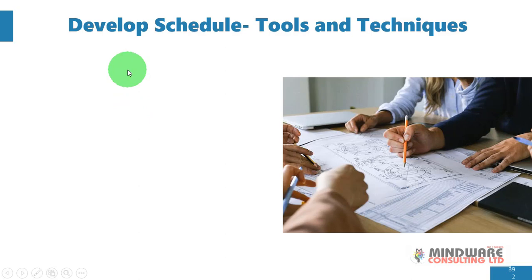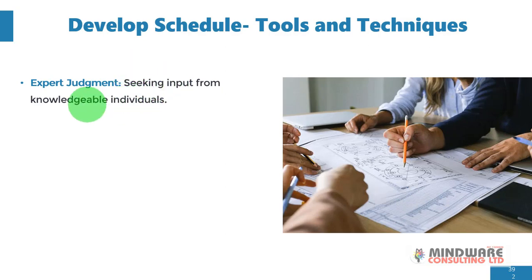Now let's look at the tools and techniques in this process. First, we have expert judgment. As a project manager, you have to seek input from knowledgeable individuals, inputs that can help you to become more effective in developing a schedule for this particular project.